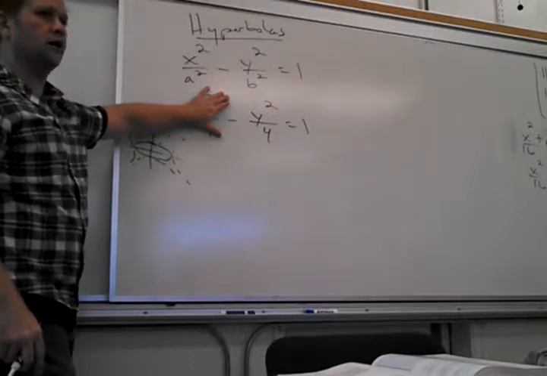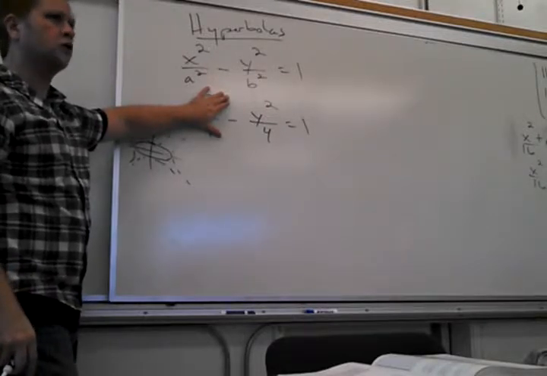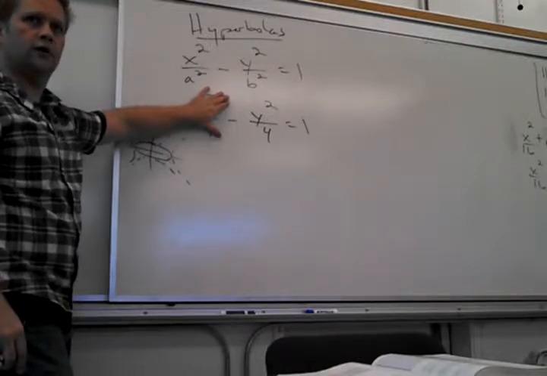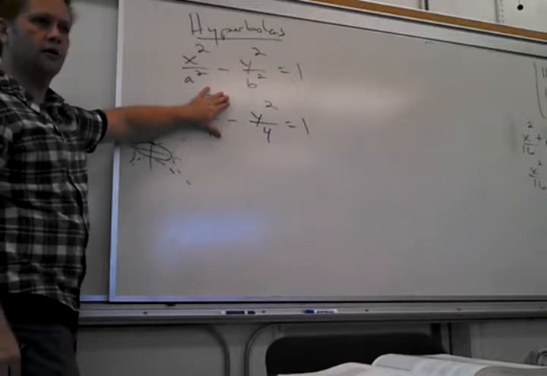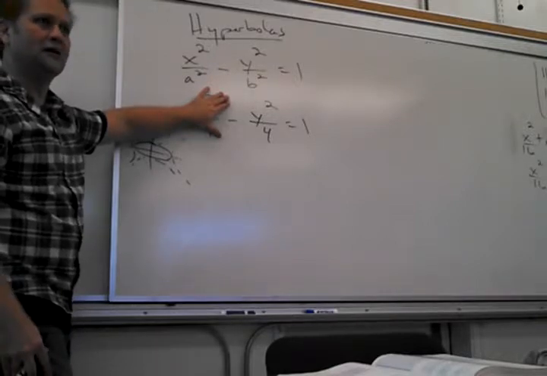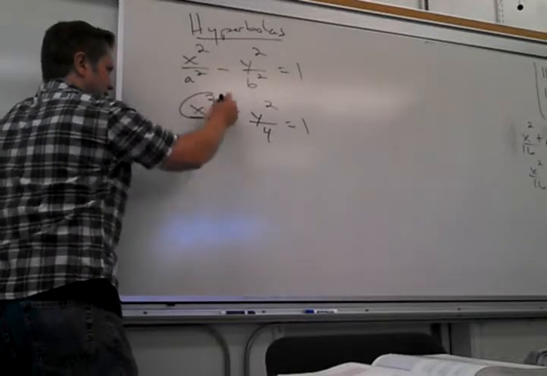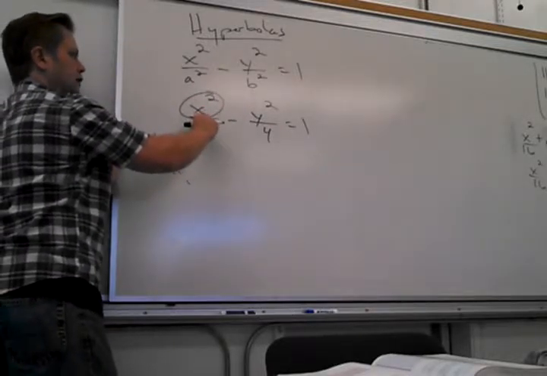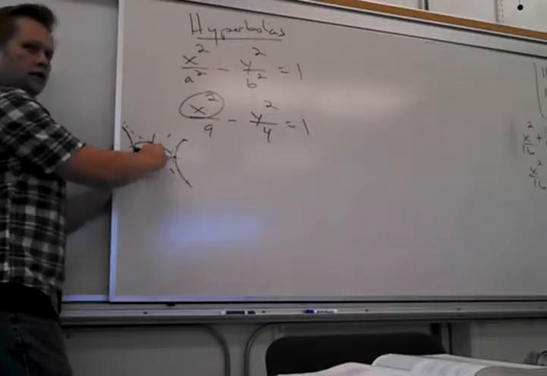If I have y squared equals negative 4, what kind of answers am I going to get? Irrational. Worse. Yes, complex. Do you guys see that? There are no y-intercepts. So that tells me that's exactly why, if the x is the one that's positive, it's going to open this way. Because there are no y-intercepts.